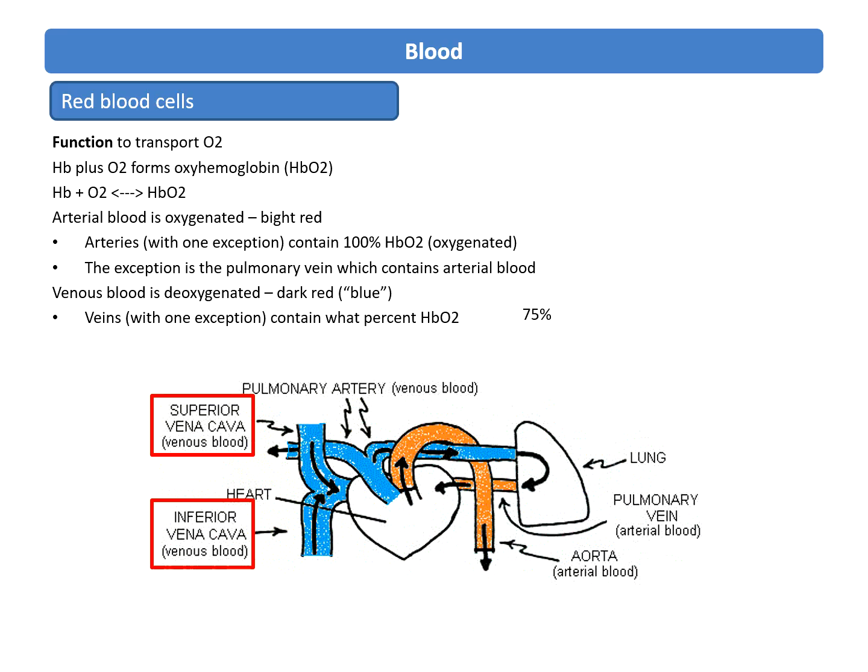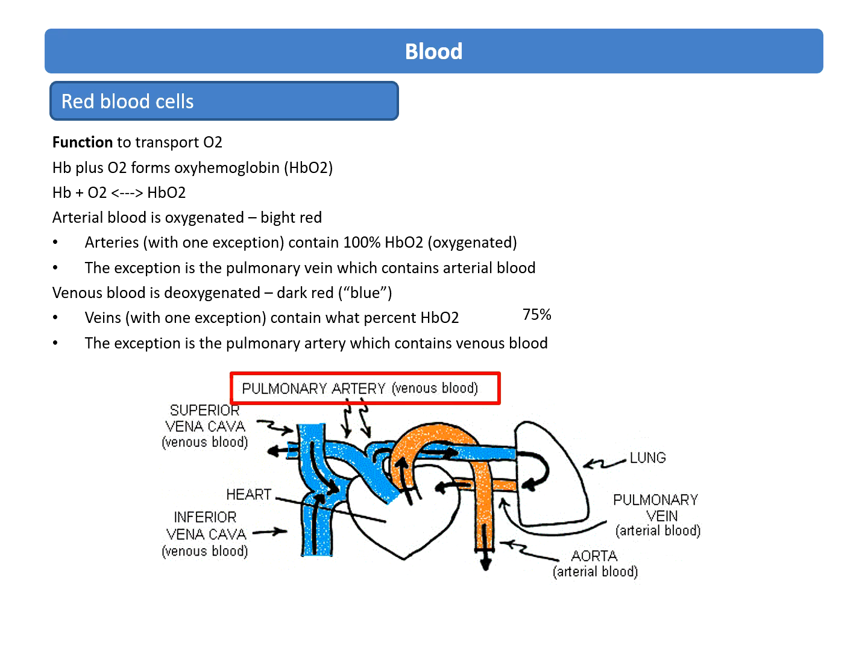No, in fact, it contains 75% oxyhemoglobin. So you see, at rest, the blood has only given up 25% of its oxygen as it circulates through the tissues. The exception to veins containing venous blood is the pulmonary artery. The pulmonary artery travels through the lungs to pick up oxygen.